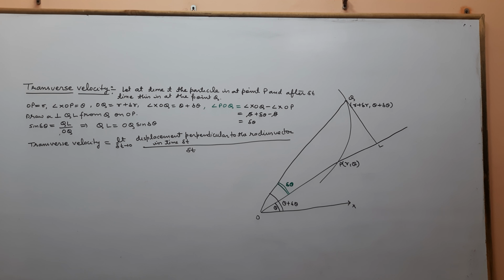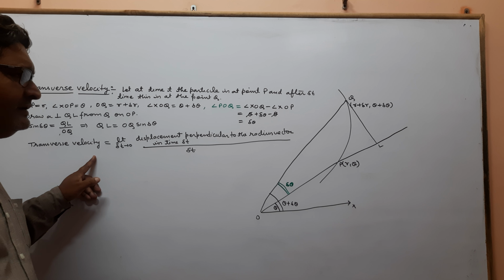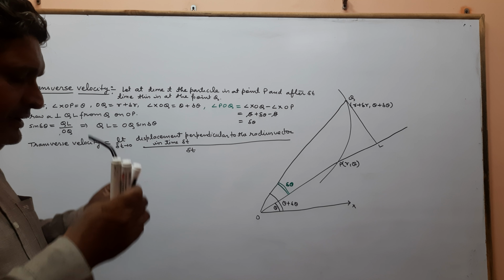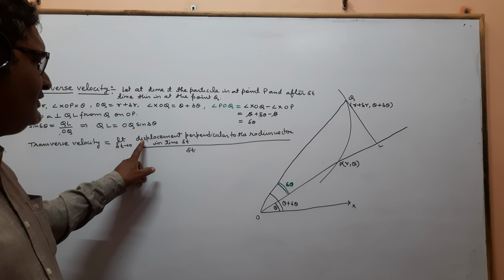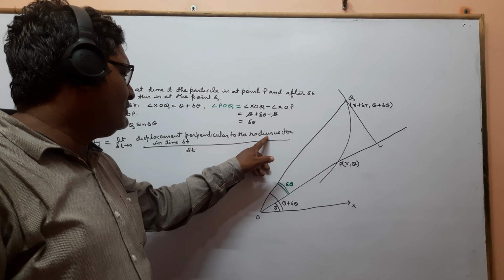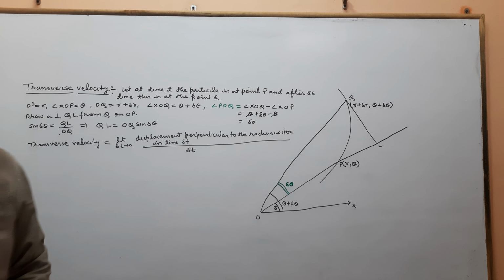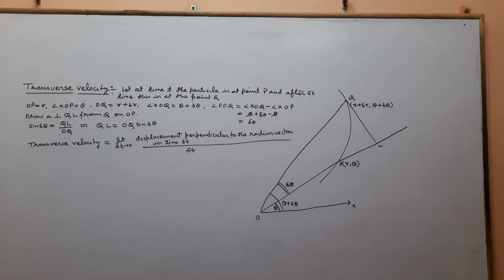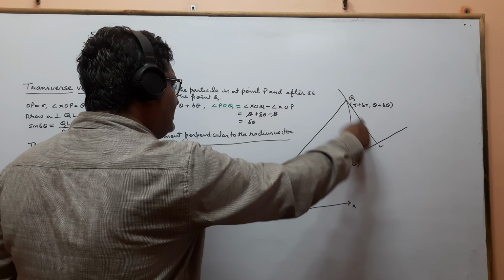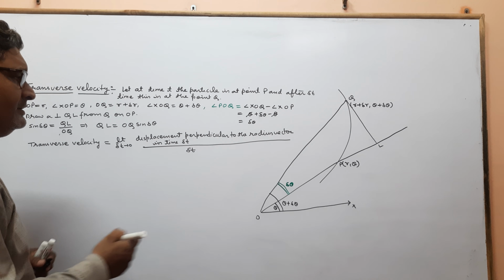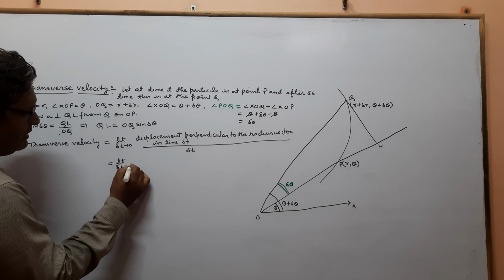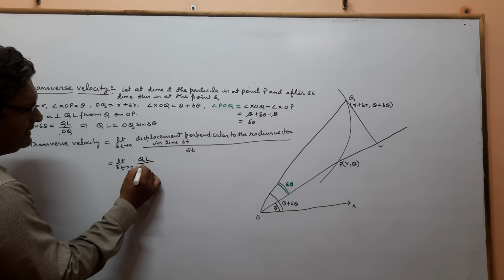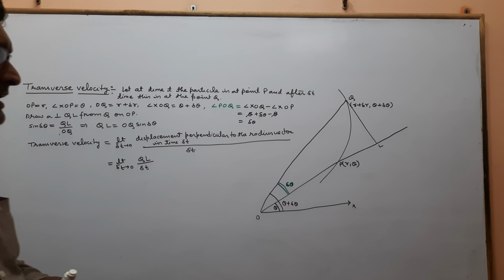We know that the transverse velocity is that velocity which is perpendicular to the radius vector. Here the displacement perpendicular to the radius vector is QL. So here it is QL divided by del t.